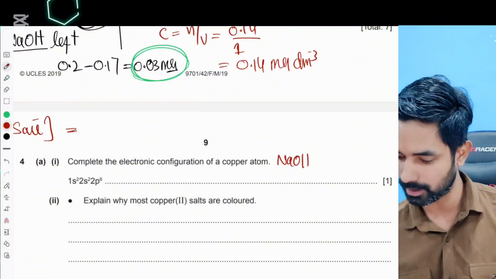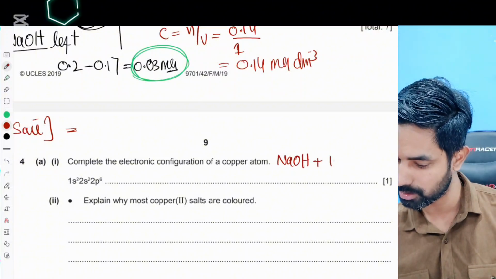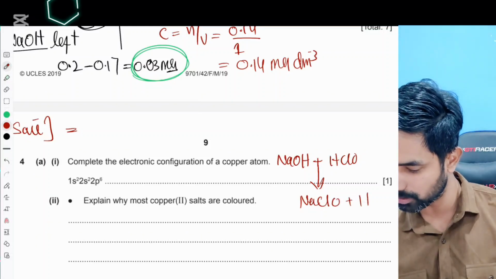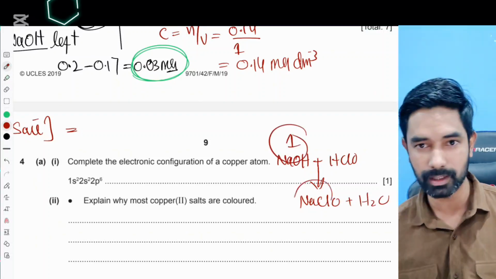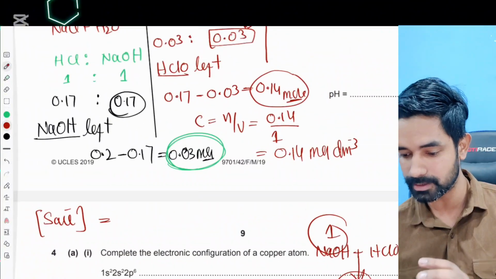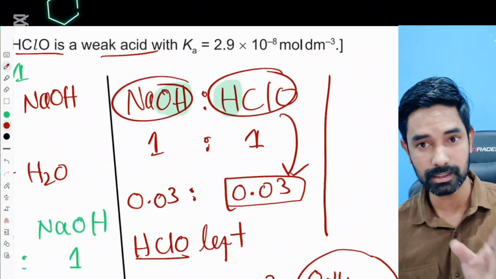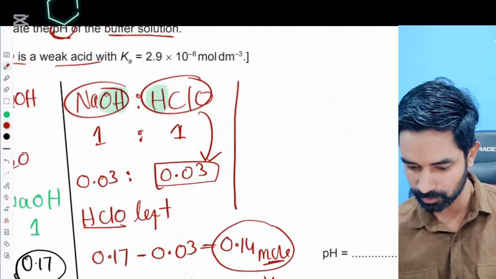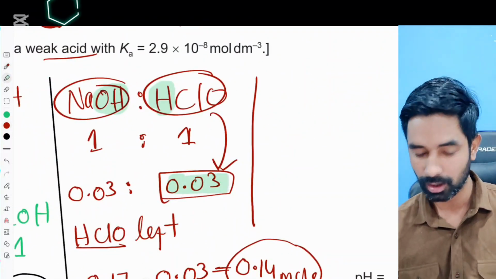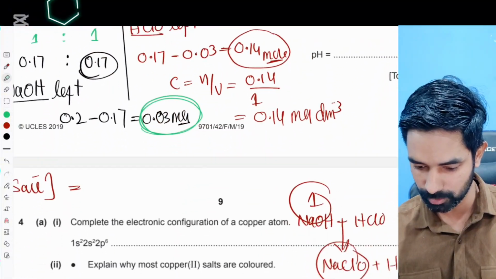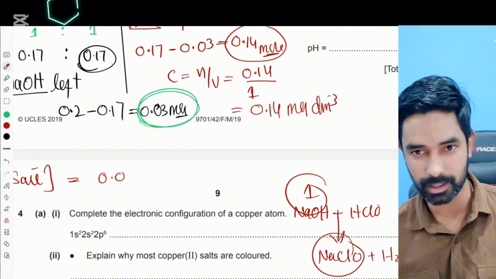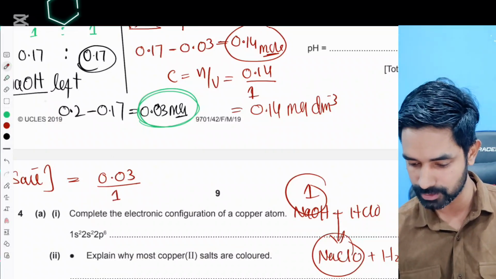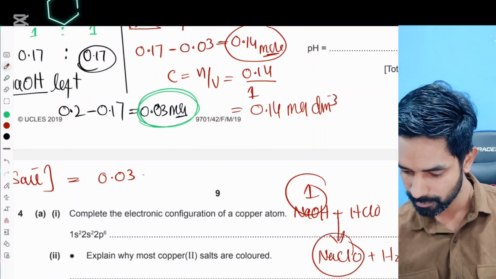NaOH react with HClO to produce NaClO and water. तो देखो अगर इसका 1 मोल है तो इसका भी तो 1 मोल ही बनेगा. इसका मतलब जितने मोल्स आपके पास NaOH के हैं या जितने मोल्स HClO के हैं, सेम मोल्स बनेंगे सॉल्ट के. तो सॉल्ट के मोल्स कितने बने? देखो HClO के कितने मोल्स रिएक्ट किए? 0.03 मोल्स. और इतने ही मोल्स किसके बनेंगे? सॉल्ट के. तो सॉल्ट के मोल्स आपके पास बने 0.03. कॉन्सेंट्रेशन फाइंड करेंगे, डिवाइड बाय वॉल्यूम करेंगे, तो वॉल्यूम तो 1 dm क्यूब है. इसका मतलब you have the same concentration, 0.03 mole per dm cube.